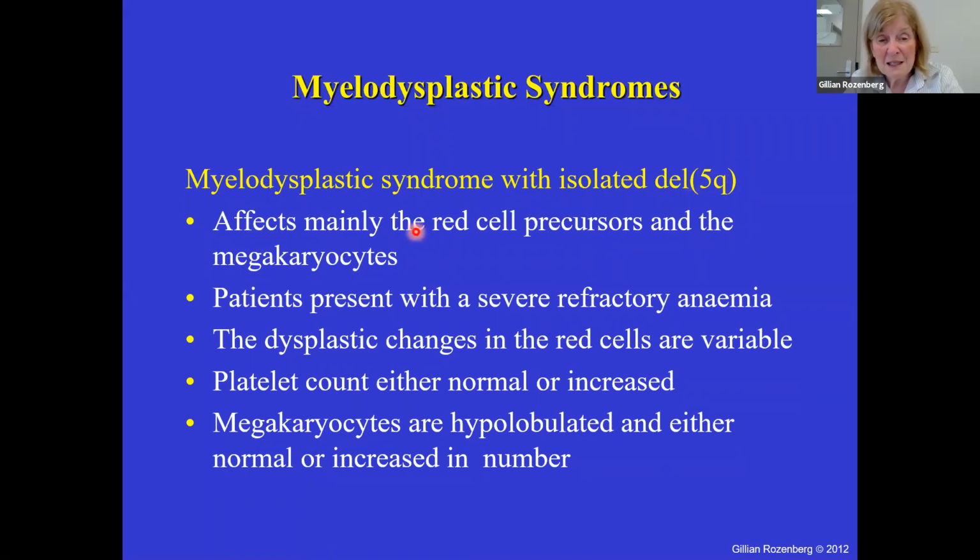It affects mainly the red cell precursors and the megakaryocytes. And the patients present with a severe refractory anemia. They have dysplastic changes in the red cells. They can be variable. Platelet count is either normal or increased. And the megakaryocytes are hypolobulated and either normal or increased in number.